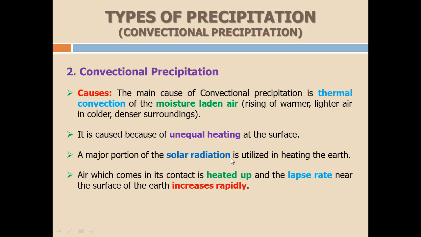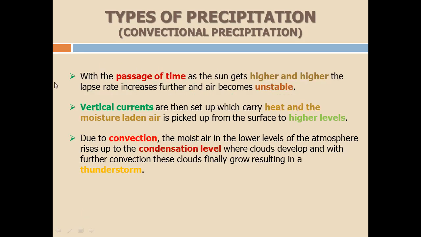A major portion of the solar radiation is utilized in heating the earth. Air which comes in contact is heated up, and the lapse rate near the surface of the earth increases rapidly. With the passage of time, as the sun gets higher and higher, the lapse rate increases further and the air becomes unstable.